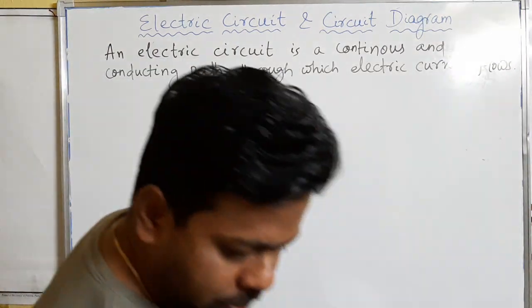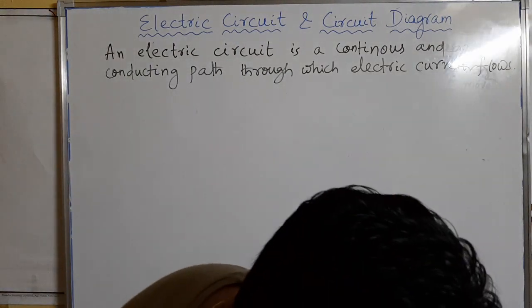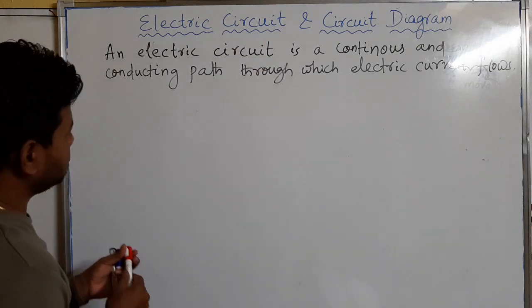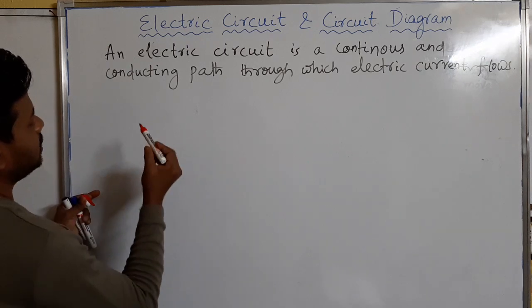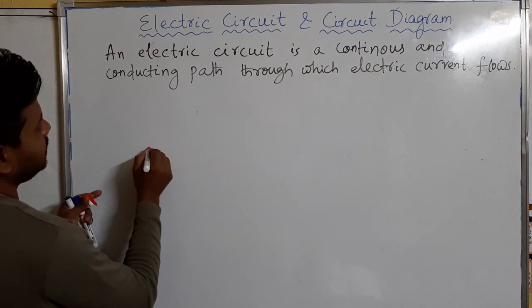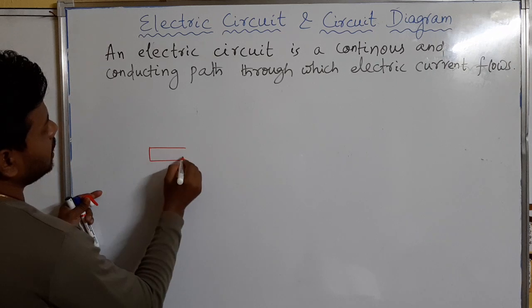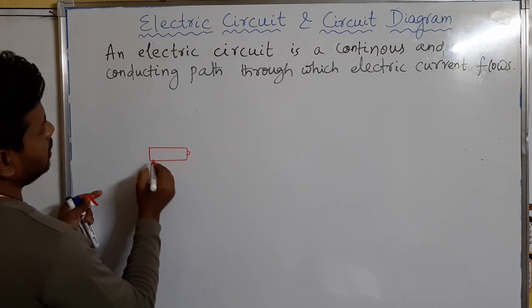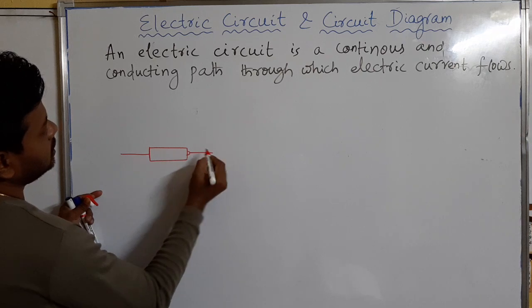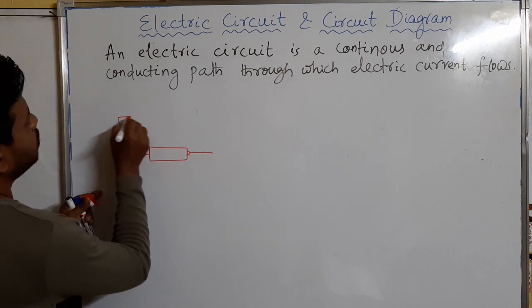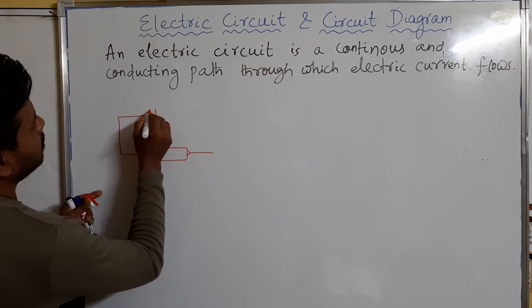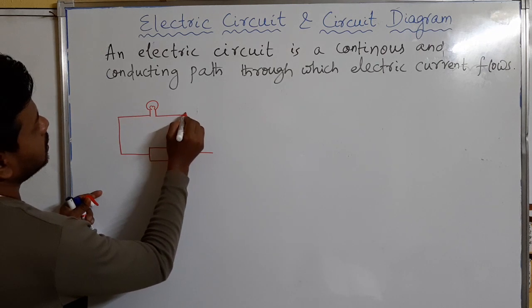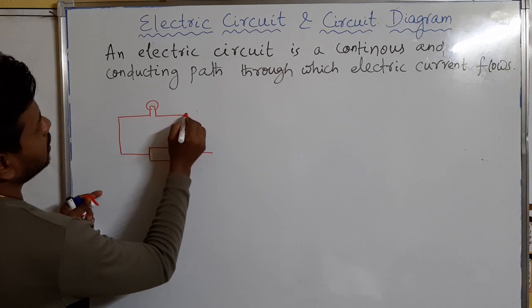So if we make a simple electric circuit, there is a cell, we have joined the wire with a bulb and a switch.